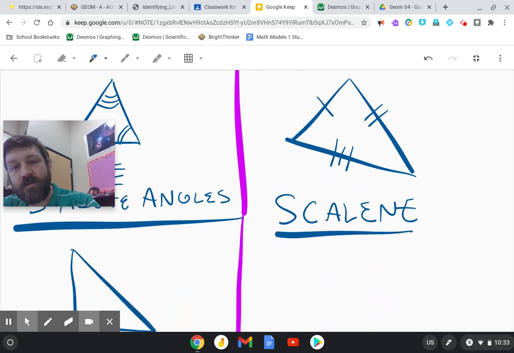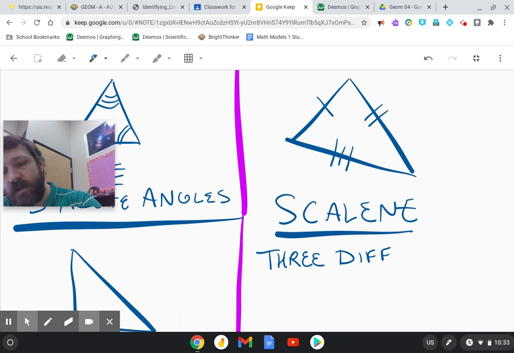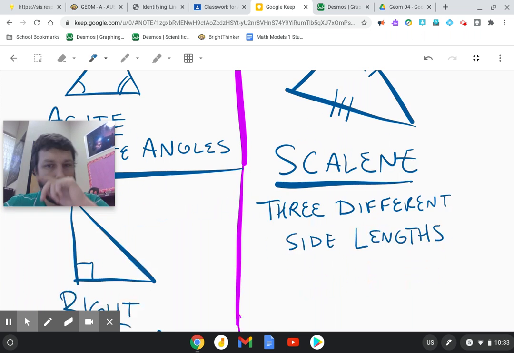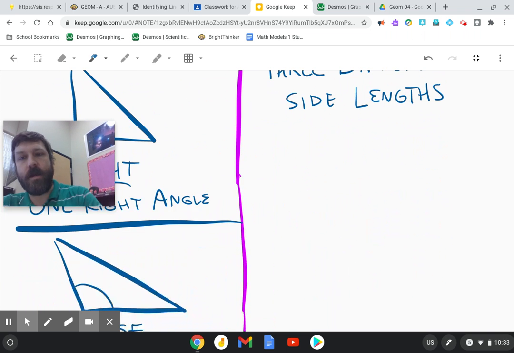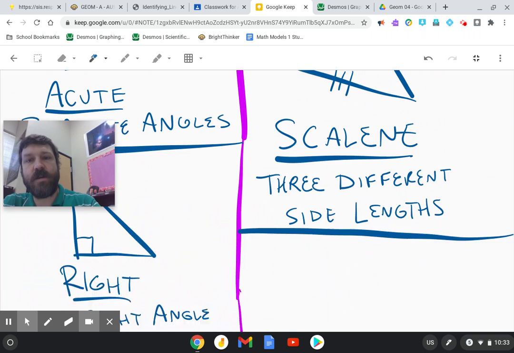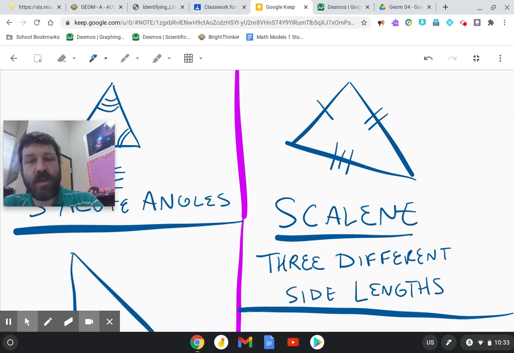So scalene triangles have three different side lengths. All right. So three different side lengths means it's called a scalene triangle.